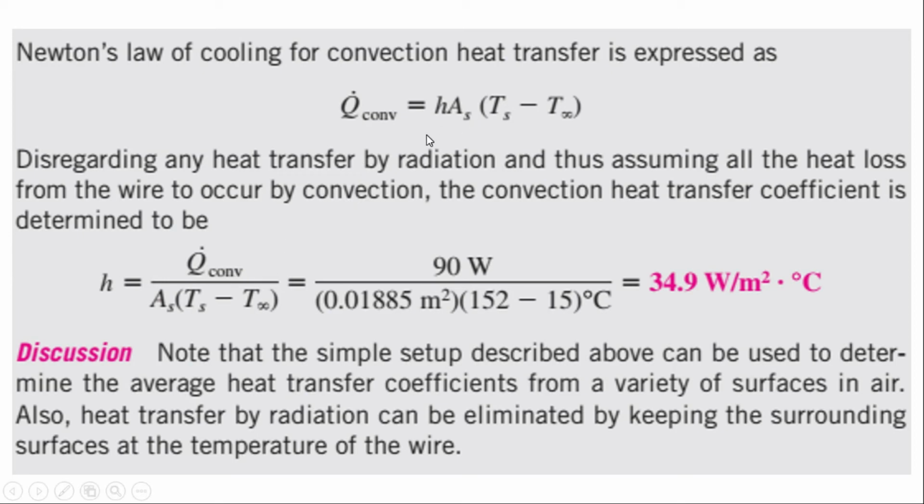We can rearrange Newton's law of cooling to calculate the convection heat transfer coefficient. We have all the parameters given or calculated. After putting in all the values, the final value is 34.9 watts per square meter per degree centigrade. This is the value of the convective heat transfer coefficient calculated according to the question statement mentioned in the previous slide.